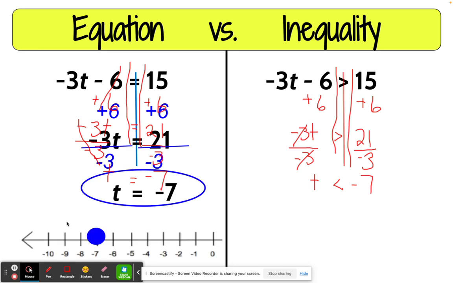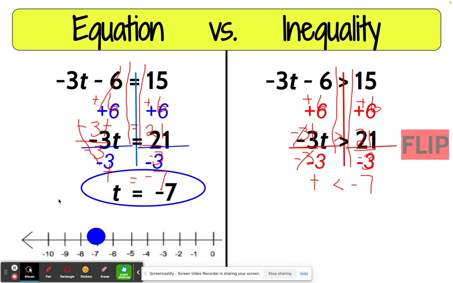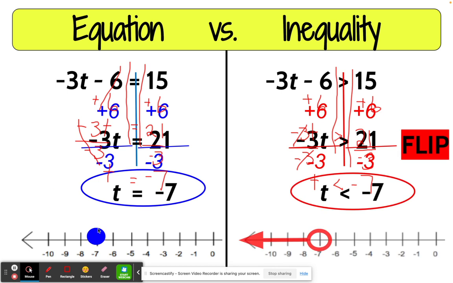I didn't need to do that because I did that already. But as you can see, my one solution over here is right at negative 7. It doesn't include negative 7, but it's every number less than it. One solution, many solutions, infinitely many.